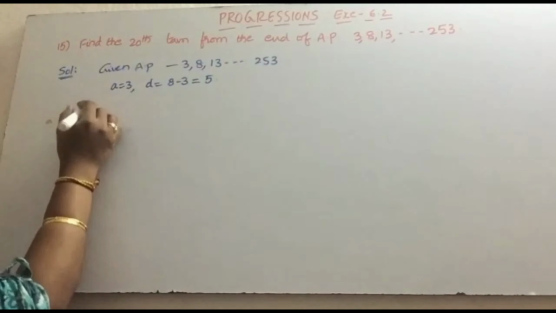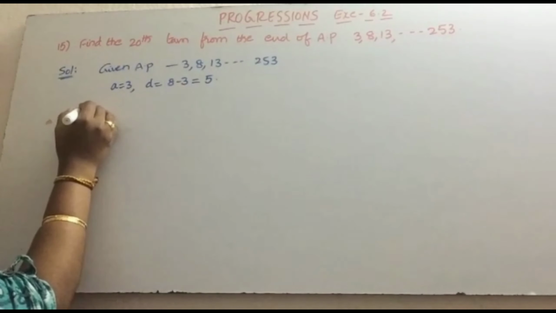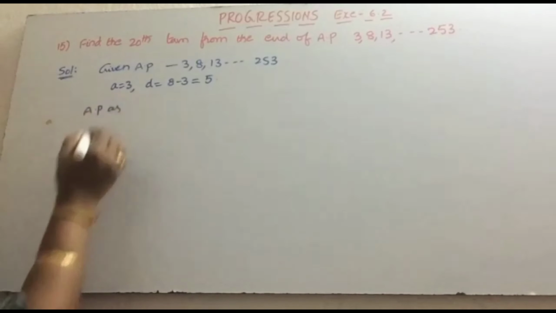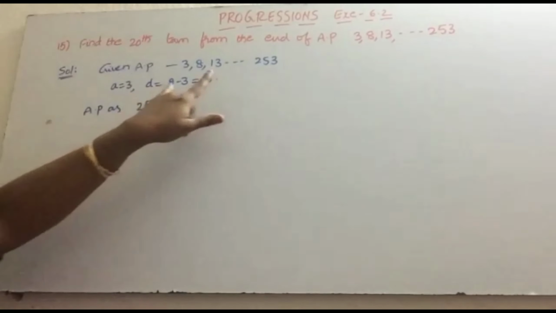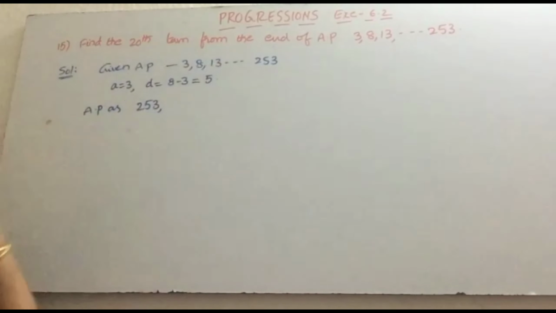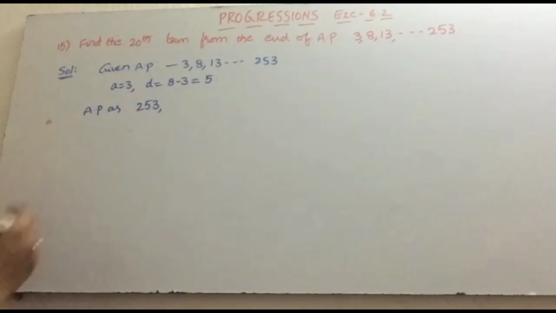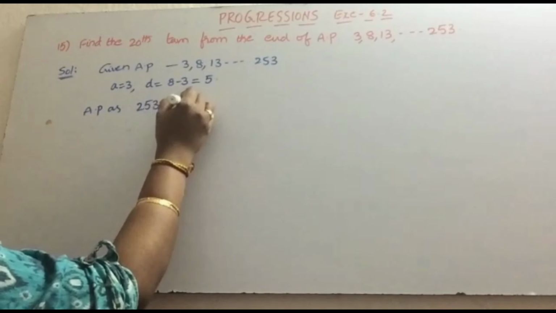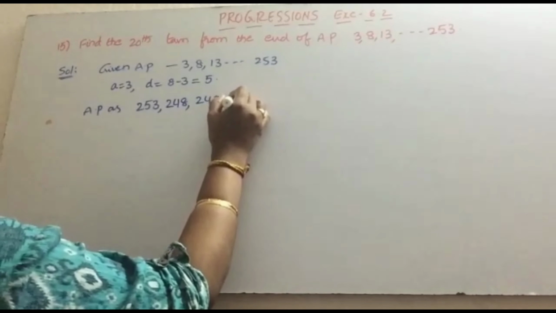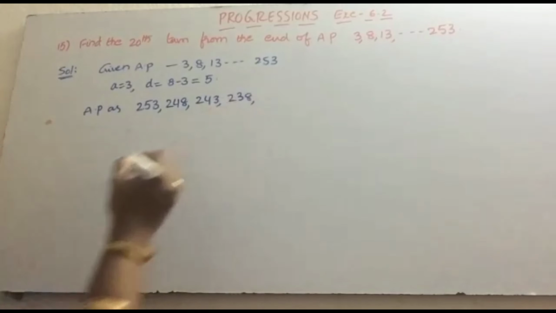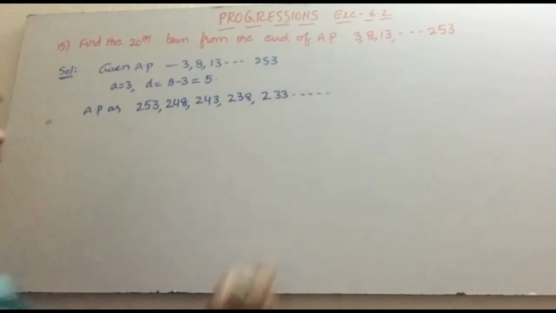So we will write the AP as 253. Here the common difference is 5, so we will subtract 5 from this. So 253, 248, 243, 238, 233 and so on like this.